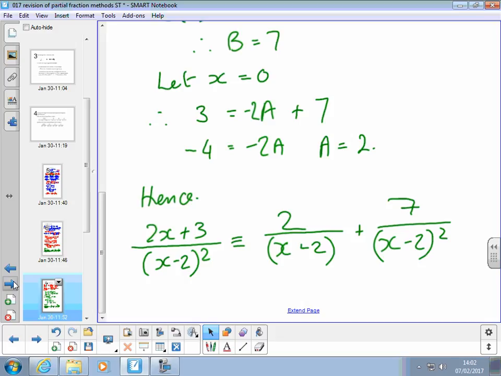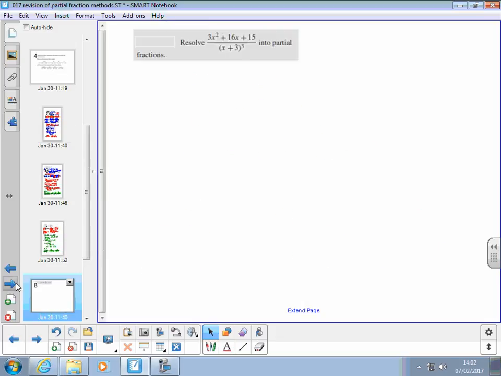So in your notes on the next page, there is a repeating linear fractions example, the cubic term. I'm going to start you off.